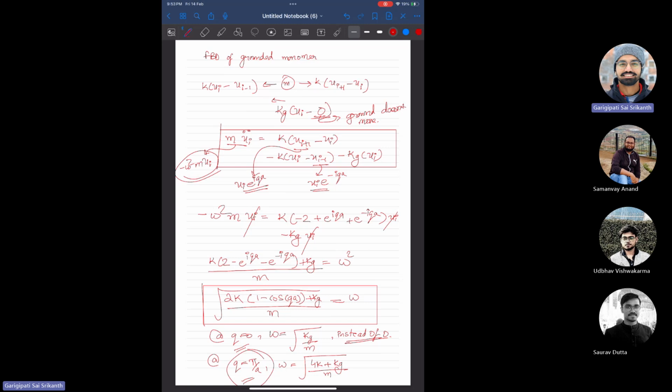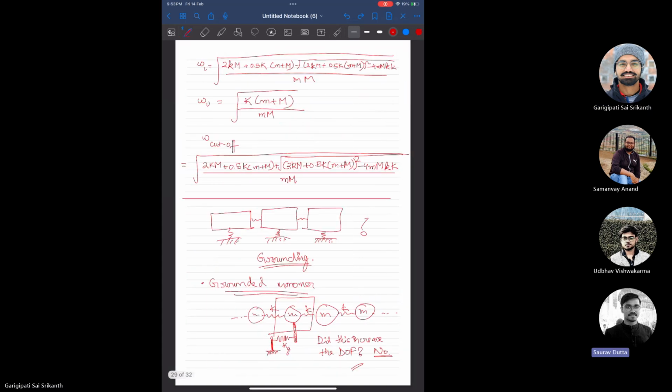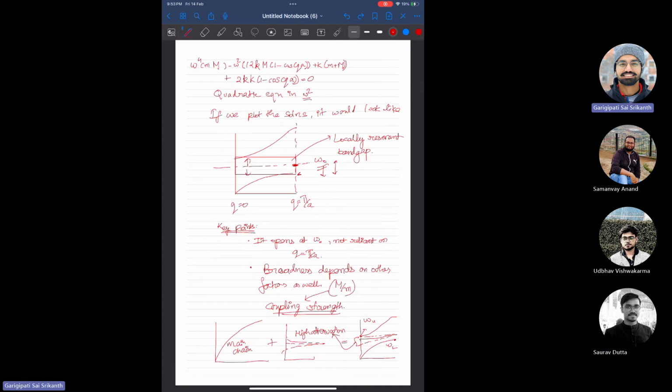Why q equal to pi by a? Because that is completely out of phase, and that is where lambda is equal to 2a. The Bragg condition is satisfied. Because the Bragg condition is satisfied at q equal to pi by a, we observe a Bragg gap, right? Okay, so this is established so far.